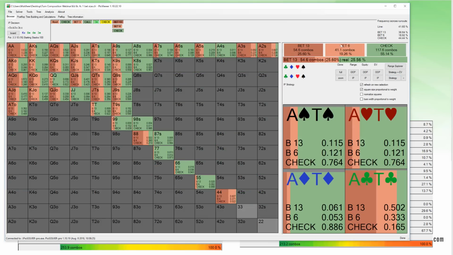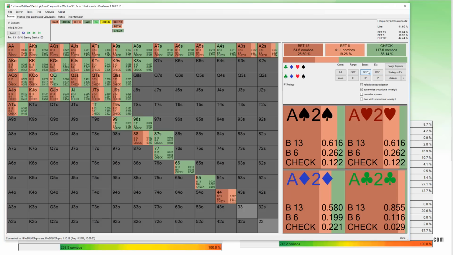And here, what kind of makes sense, equities are close, so in position wants to start to polarize more. If I had it do one bet size, it would probably just choose to do the 13. I did two bet sizes to try to show on some of these examples, bet small and bet big.